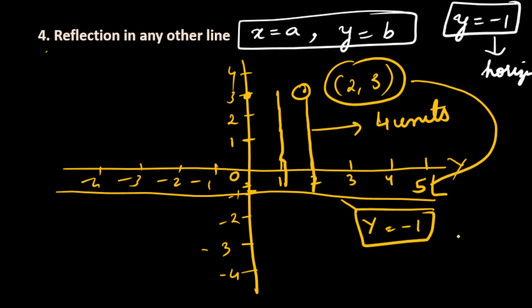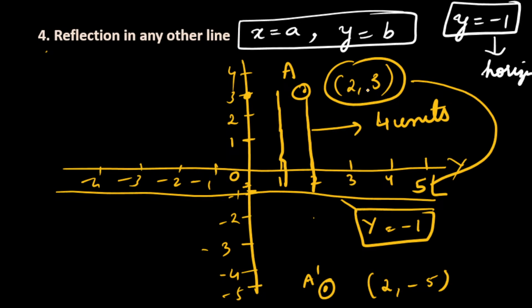So 4 units on the other side you have to see. 1, 2, 3, 4. So here, its reflected point, the image, will come at x is equal to 2 and y is equal to minus 5. This is point A and this is the image of point A, so I am writing A dash.